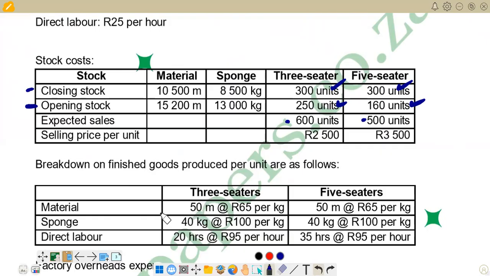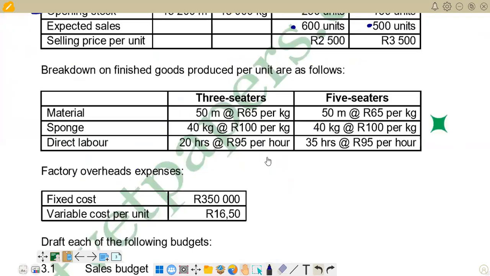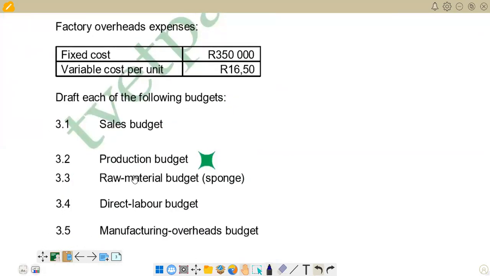Let's go back to the question and see that this raw material budget specifically is for the sponge. Very important to take note. This is our question. There's a specification that we should concentrate on the sponge.